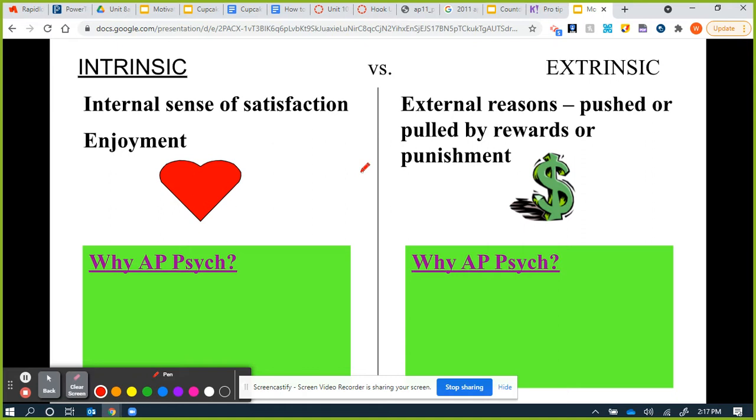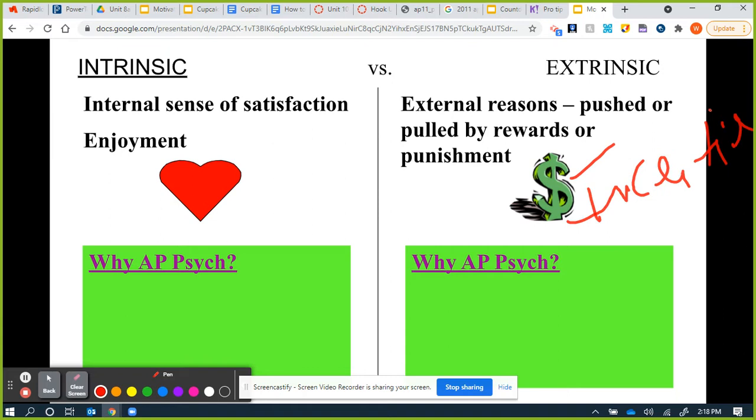Okay, so if you play a sport because you just like playing it, that is intrinsic motivation. Extrinsic motivation is when we are doing something for some sort of environmental incentive. If you play a sport, not because you like it, but because you know that it's maybe the only way you're going to be able to go to college, that would be an extrinsic motivator.